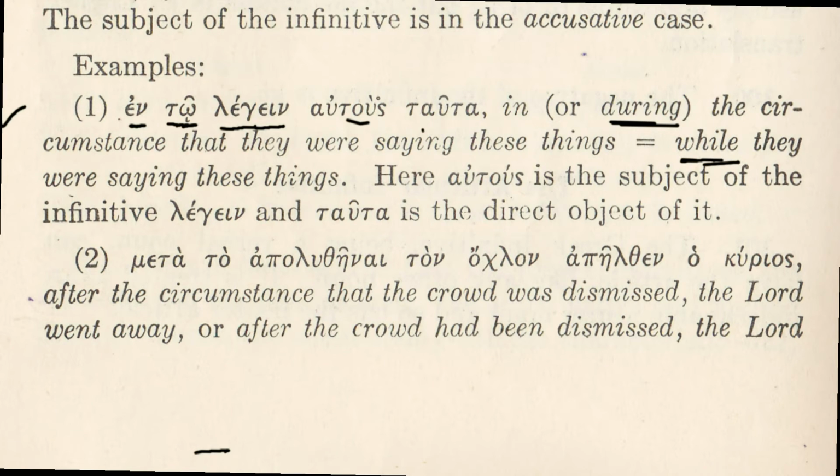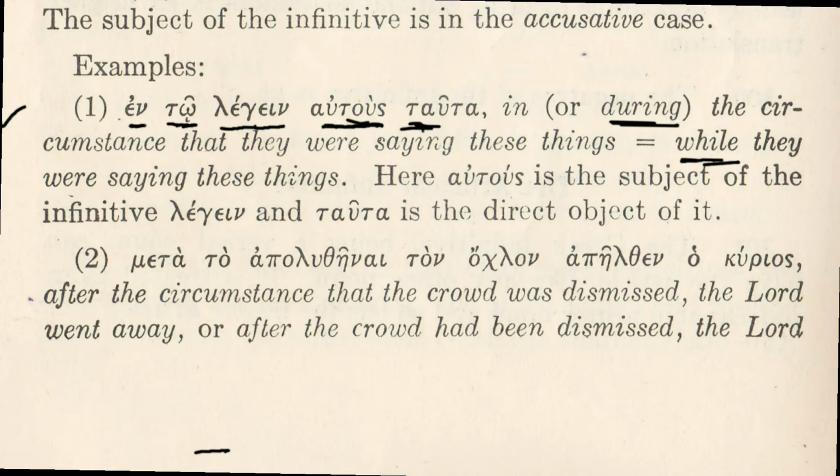The subject of an infinitive is going to be in the accusative. And so if it's accusative here, then obviously the subject is going to be in the act of they saying. That's very poor English, but I want you to get the feel for it. So we would translate it while they were saying. Does that make sense? In the to say them.